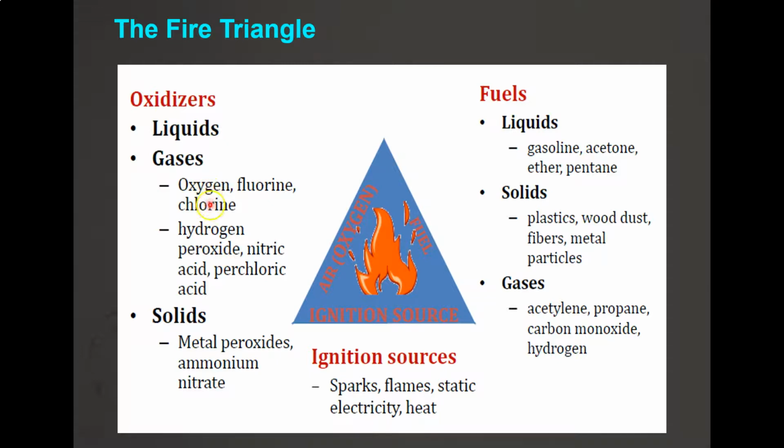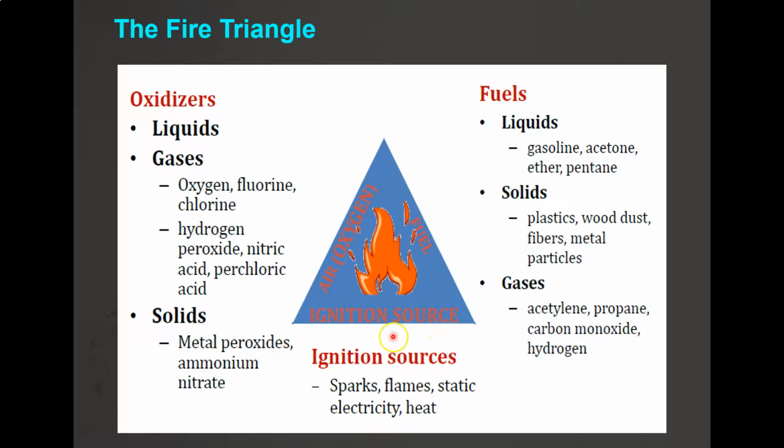As long as the chemical is an oxidizer, fire can be ignited. Then you have fuel. Fuel also comes in the form of liquids, solids, and gases. There are many types of fuel, such as gasoline, acetone, ether, metal particles, propane, and so on.